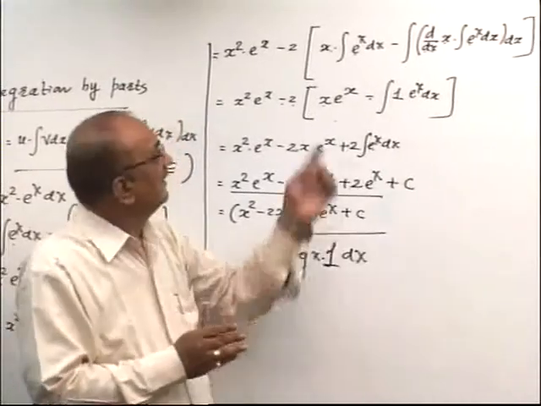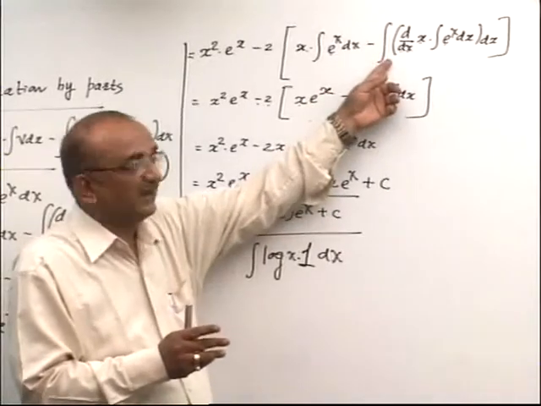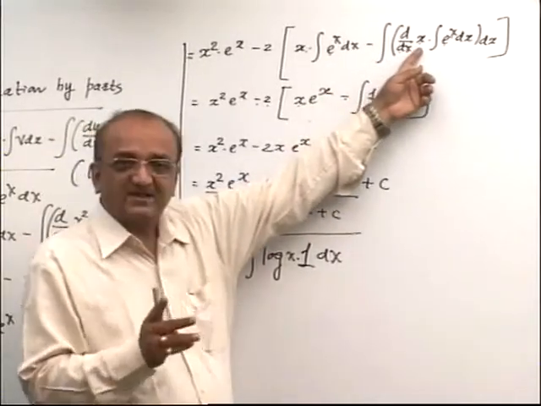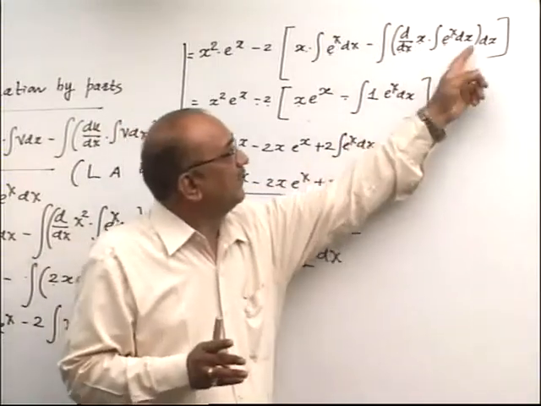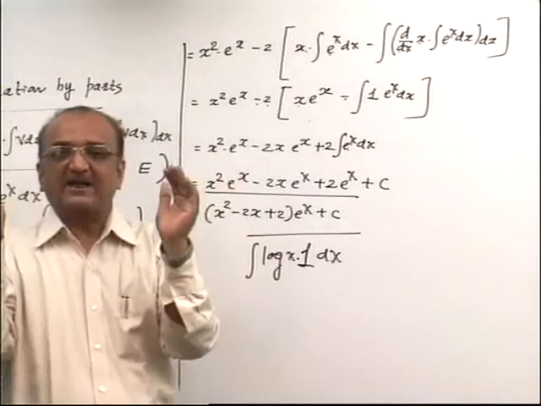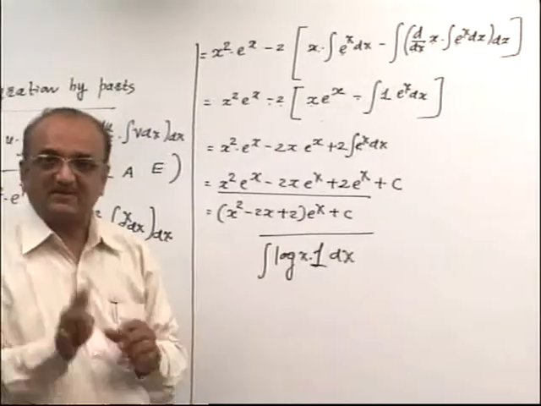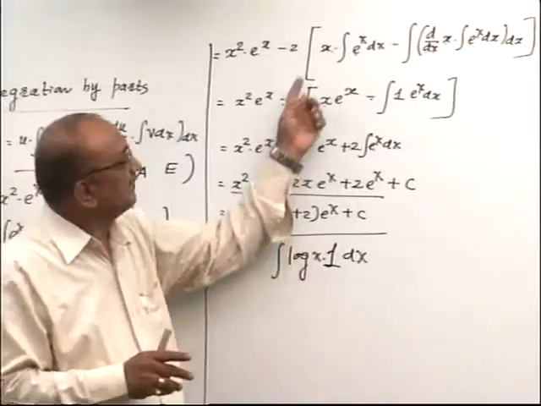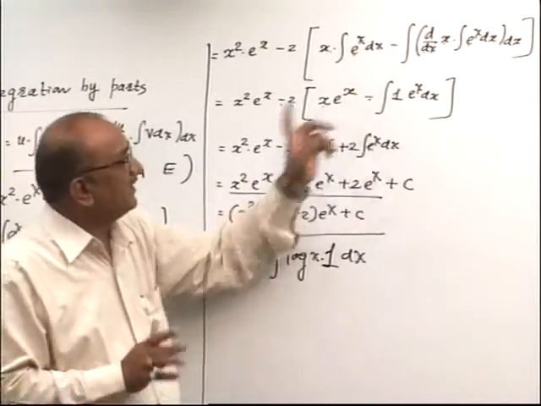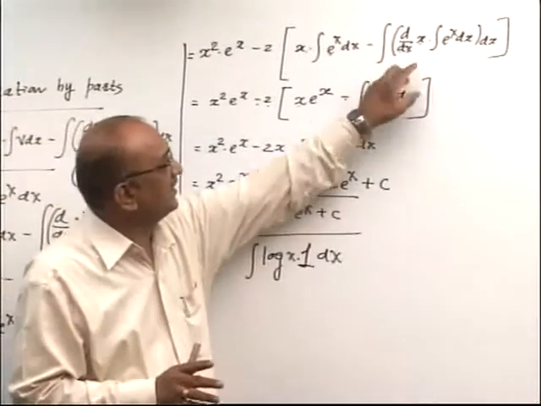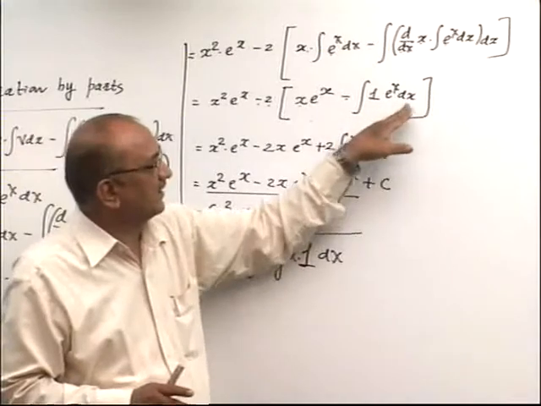Clear? u integration of v dx is e raised to x, minus integration of derivative of u times integration of v dx, bracket over dx. In the bracket you have to simplify first, then you open the bracket. Now see, x square into e raised to x, no change, minus 2 as it is, x as it is, integration of e raised to x is e raised to x, minus term no change, integration, what is the derivative of x? 1, integration of e raised to x dx.